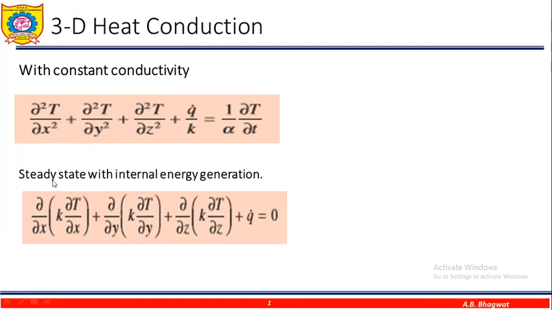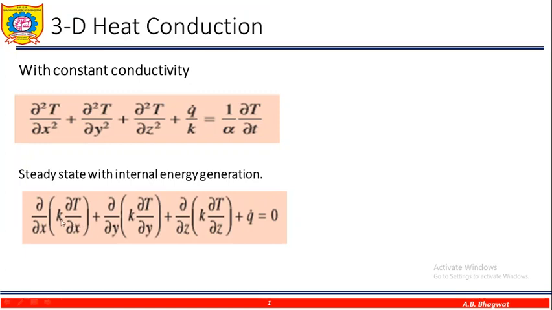If I have a steady state, then what will happen? There is no change of temperature. Whatever the change of any quantity with respect to time will come to 0. So the right side term will come to 0. Steady state with internal energy generation, it is q dot is not equal to 0. Here we have assumed k as a variable quantity, that's why k is inside this bracket.